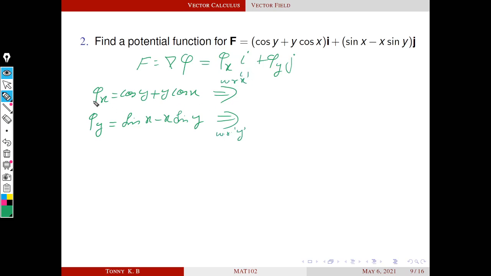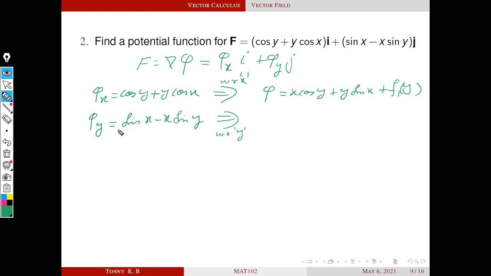Okay, so if you integrate this equation with respect to x, LHS becomes phi. Phi is equal to x cos y plus y sin x plus a constant of integration. But here we integrate with respect to x, so our constant of integration is a function of y.